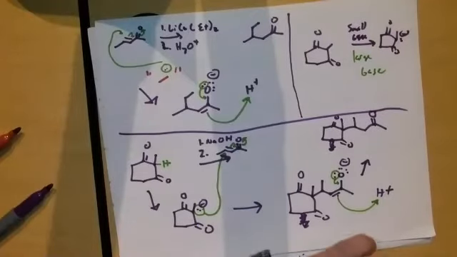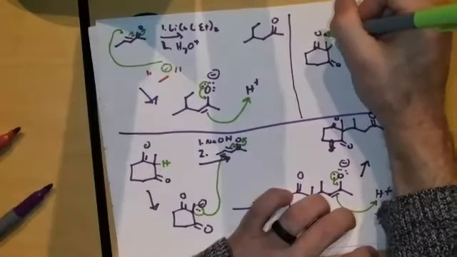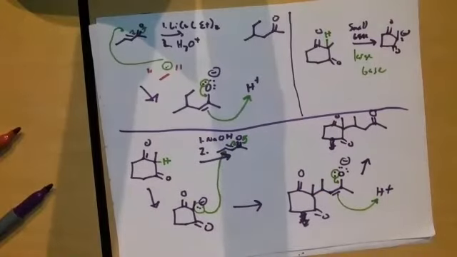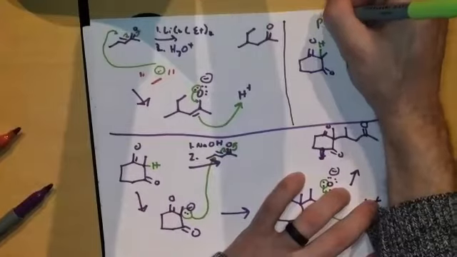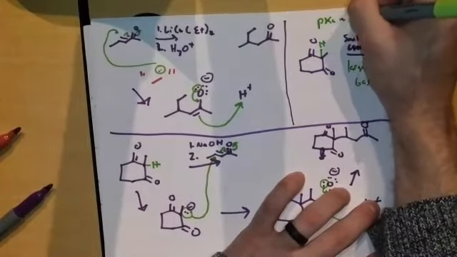The reason behind that is just your pKa argument. So this proton here, this middle one between these two ketones, has a pKa of roughly 9.